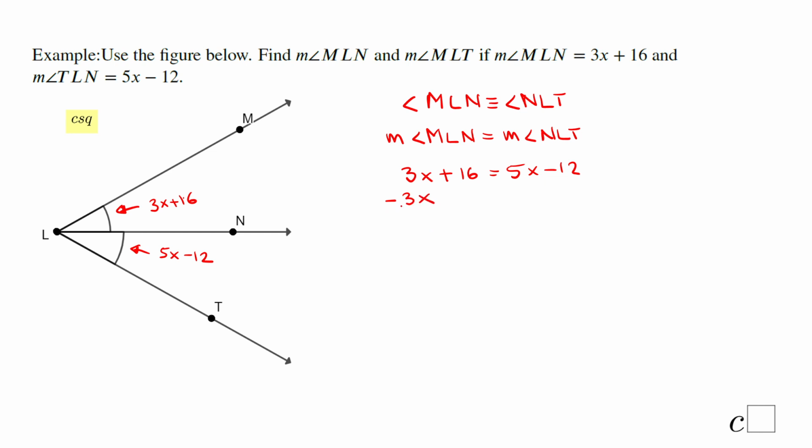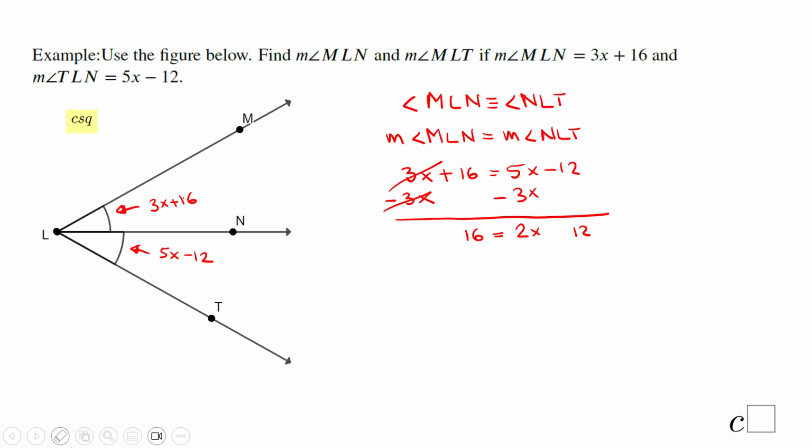So that's the reason I'm going to subtract 3x to get rid of these 3x. I have to do the same thing on the other side, and I have here what's left? 16 equals 5x minus 3x, 2x, minus 12.